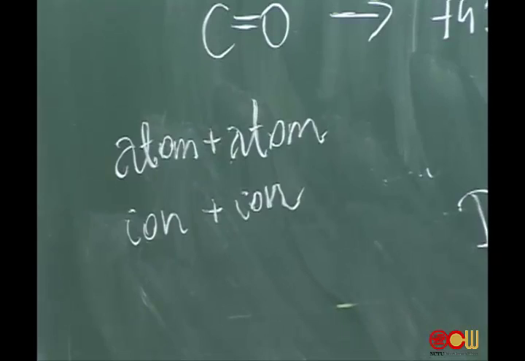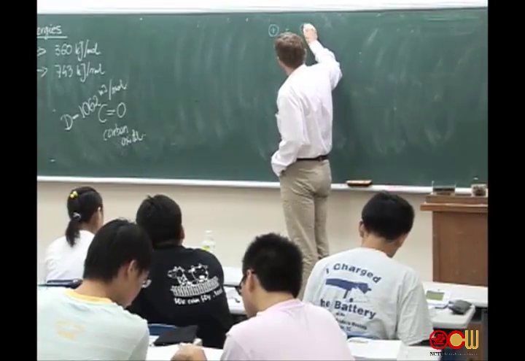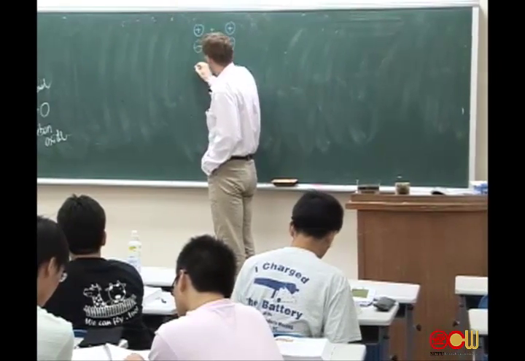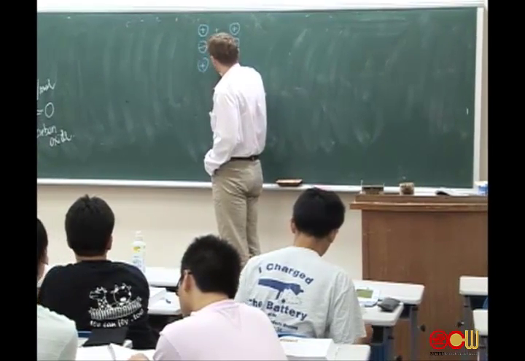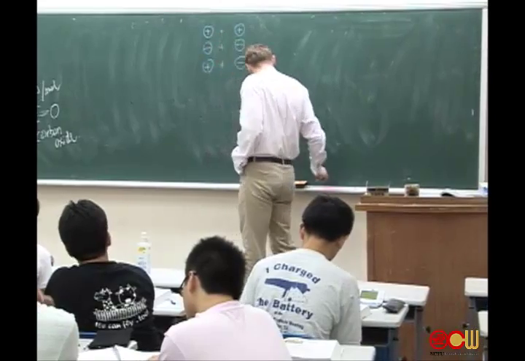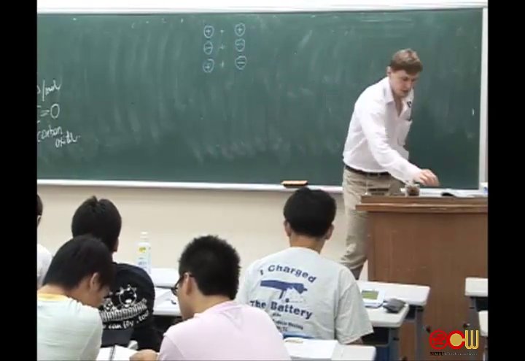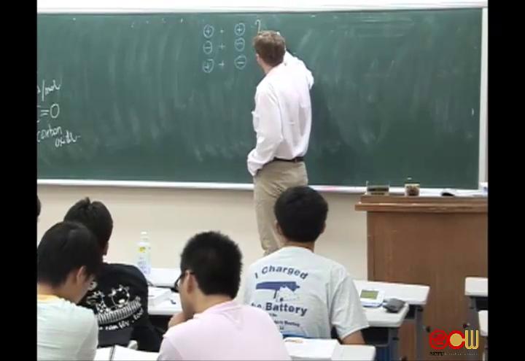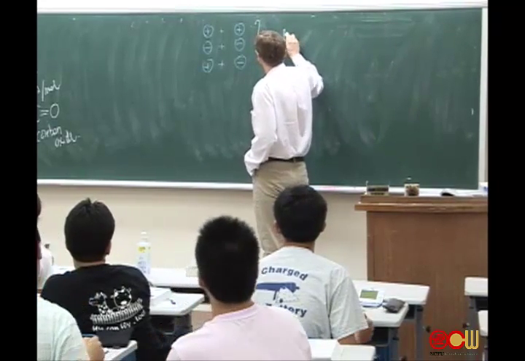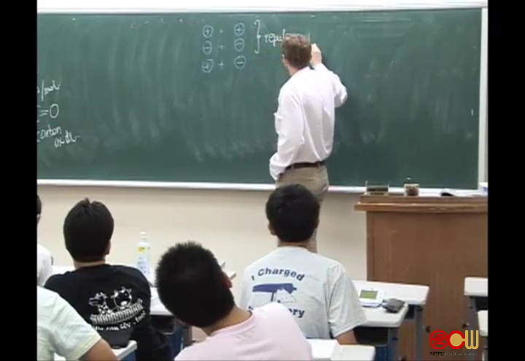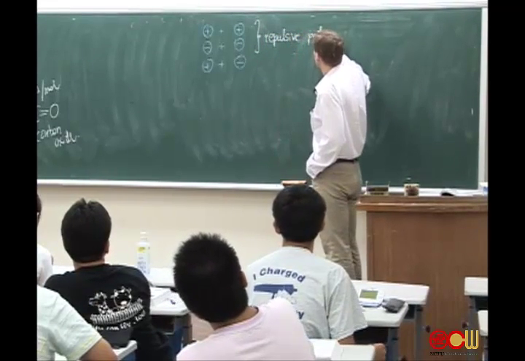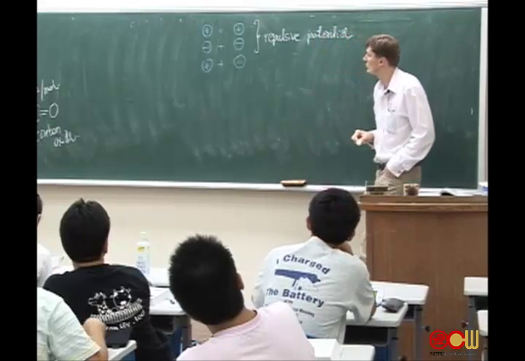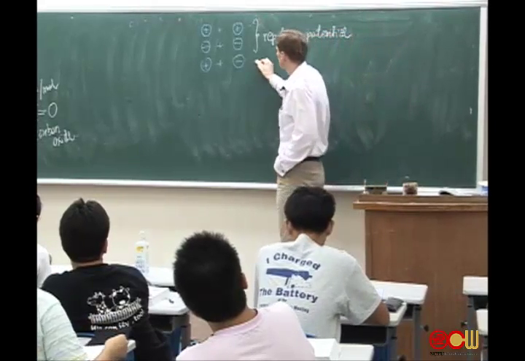One is plus reacting with plus. Another one is minus reacting with minus. Another one is plus reacting with minus. It's kind of clear that in the first two cases you get repulsive potentials. In this case, you get an attractive potential.